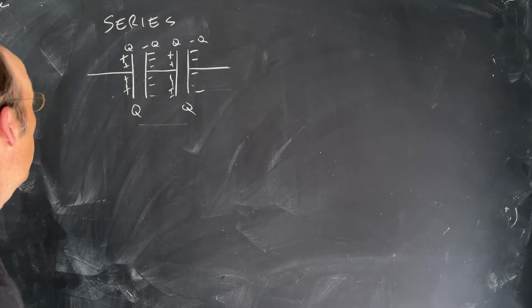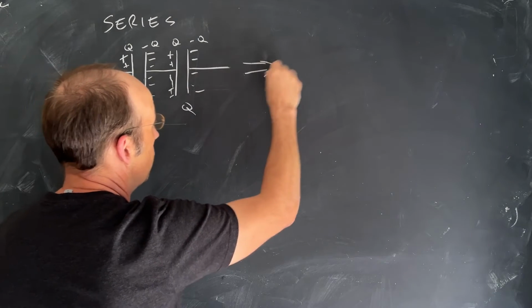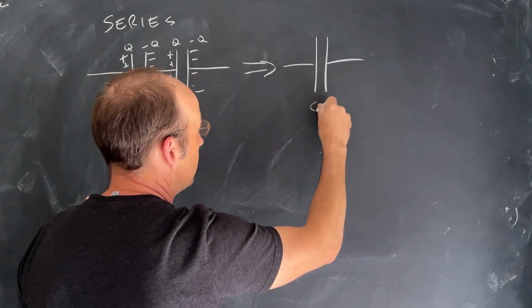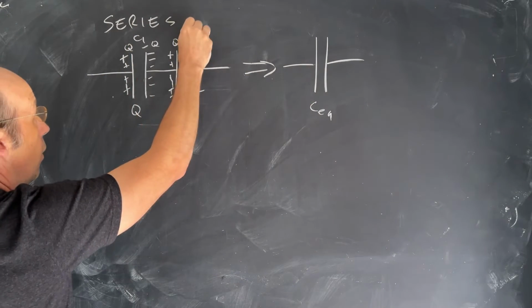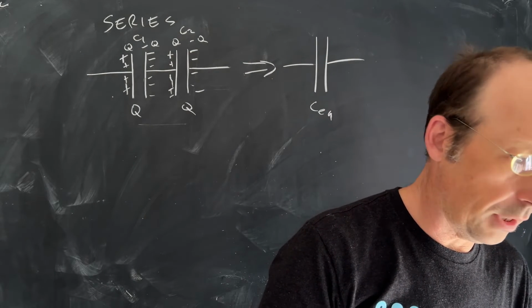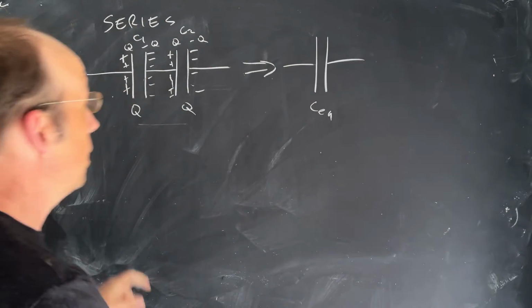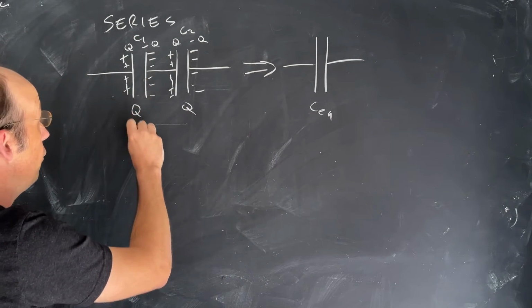Okay. So if I want to represent this with one single capacitor, we'll call that C equivalent. We'll call this C1. We'll call it C2. So this also has a change in potential V1.